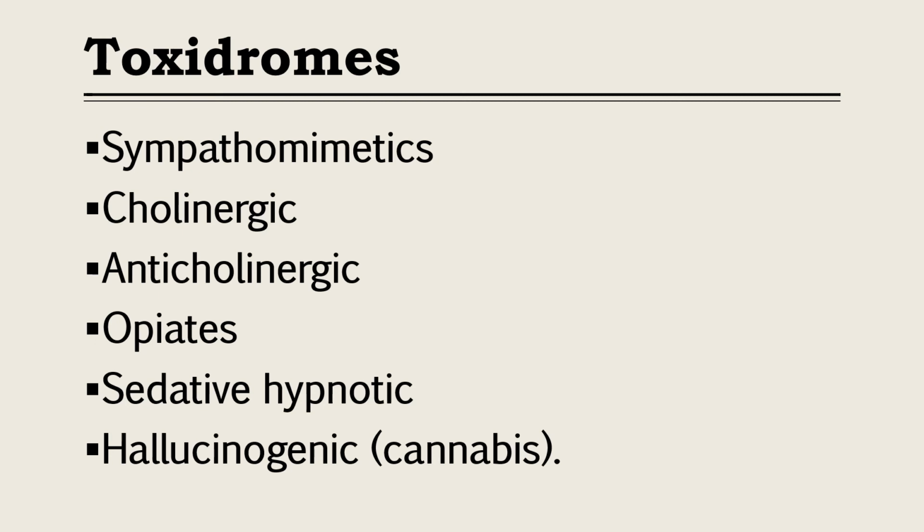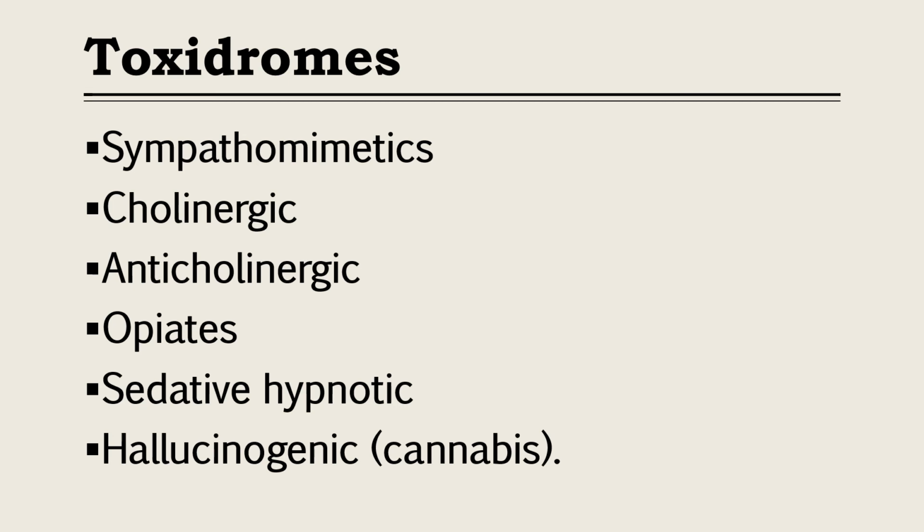Yes, this patient could have sympathomimetic toxicity or anticholinergic toxicity. How could you differentiate between them? By examination. Yes, it is very easy to examine the pupils. If he has dilated fixed pupils, this is anticholinergic toxicity. If he has reactive pupils, it is sympathomimetic.